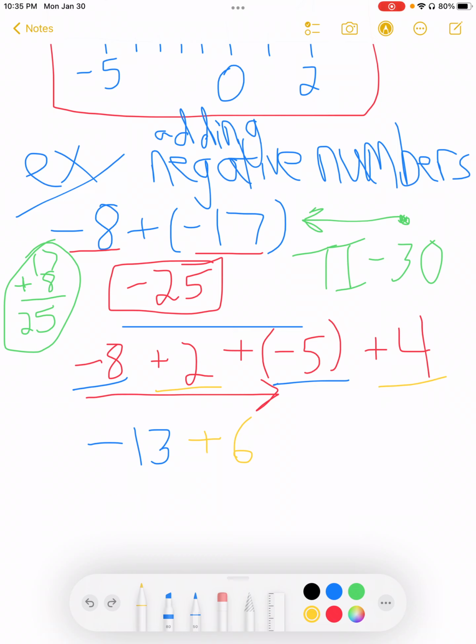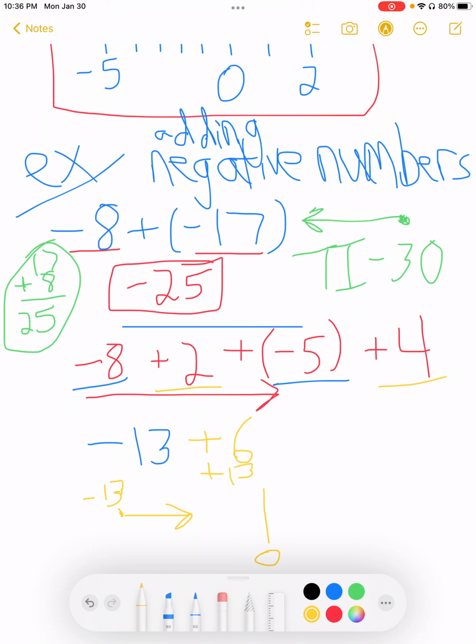So if I was going to plot it on the graph, starting at minus 13 and adding 6, I'm not going to get all the way to 0. 0 is still going to be a destination there because I'd have to add plus 13.